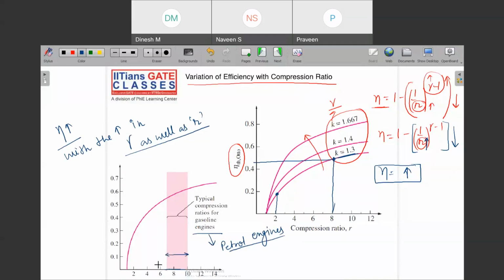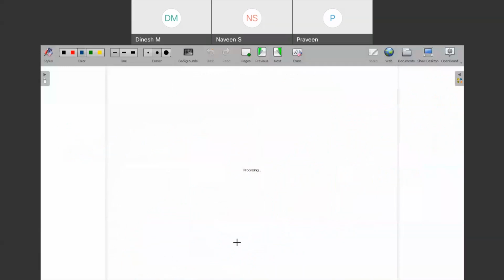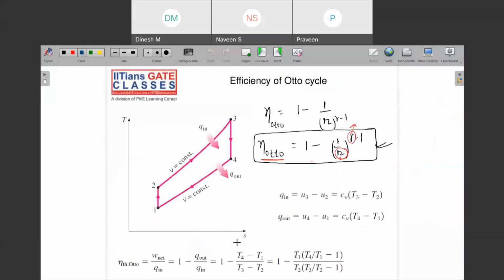So this is about the Otto cycle. They might ask how efficiency changes, what the various processes are, what the range of efficiency is, and if there is any combination, you can think about what they are willing to ask you.